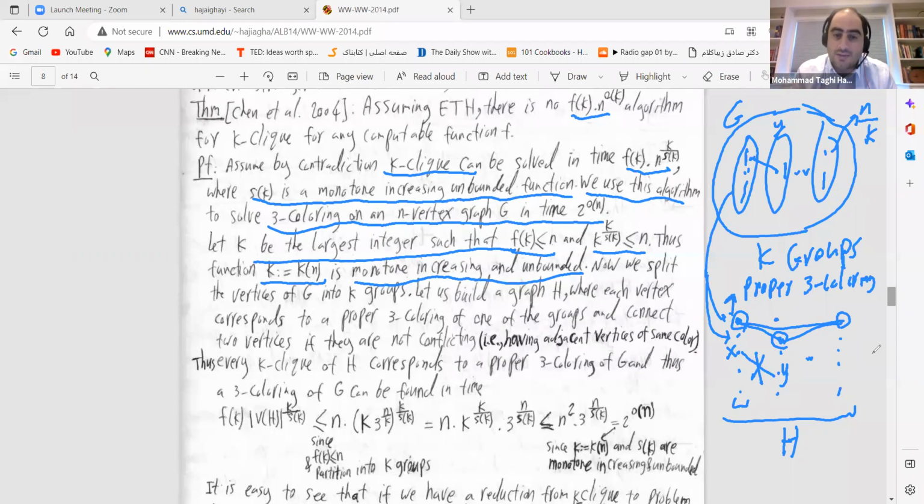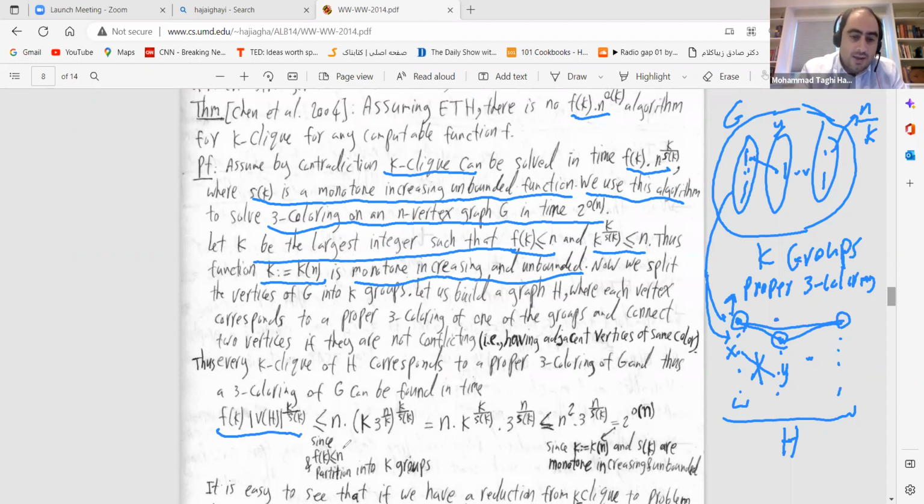If there is a clique of size k, it exactly means that there is a tree coloring of the graph G. Now let's see what the running time of this algorithm is. The running time is f of k times v of H to the k over s of k. That's the running time that we assumed essentially, that there exists such an algorithm.